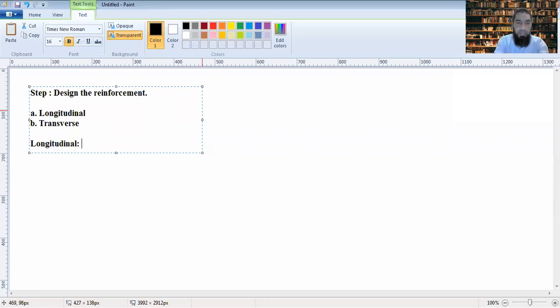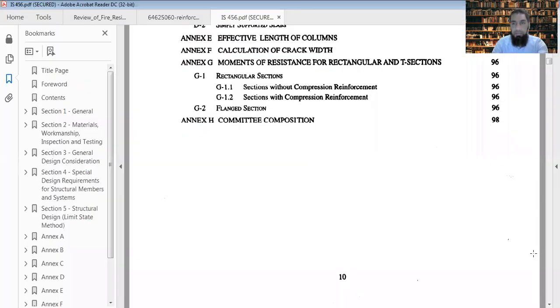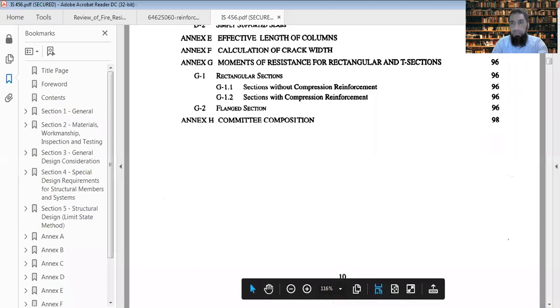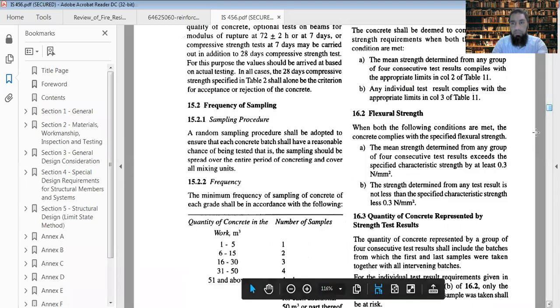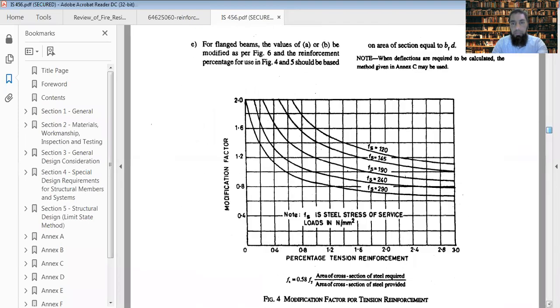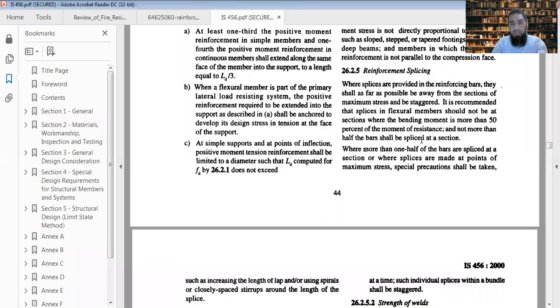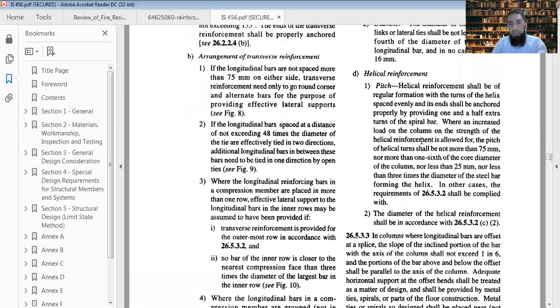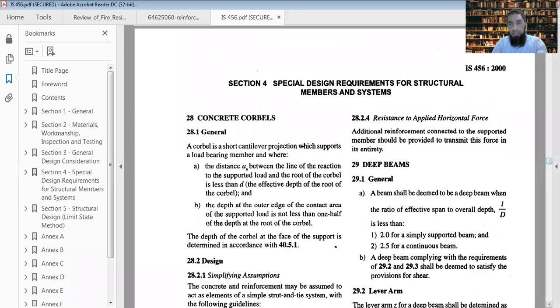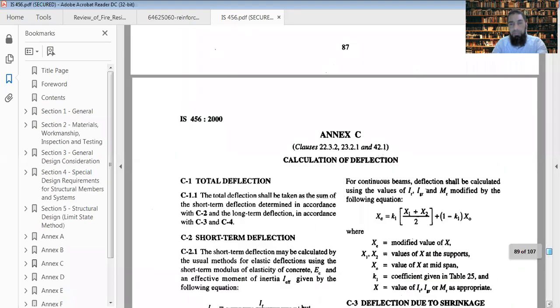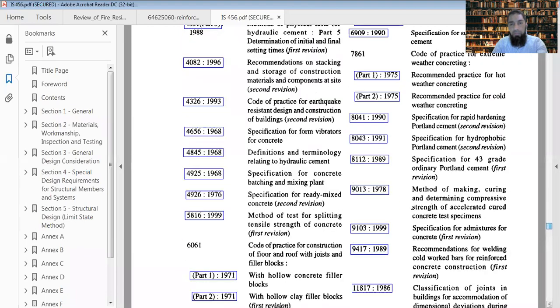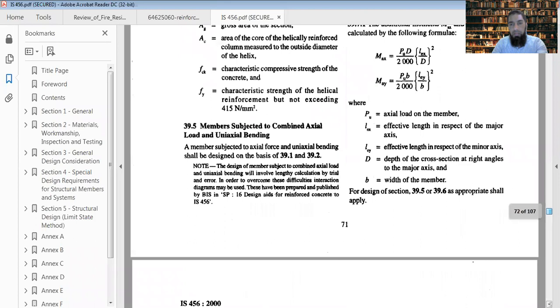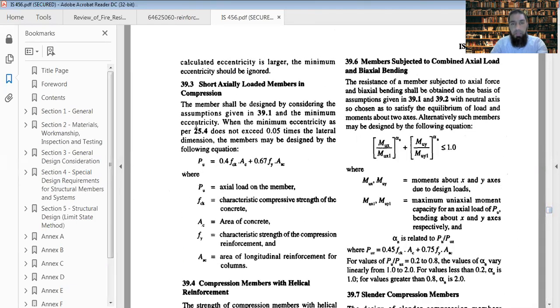I showed you the formula last time. This is the formula that we implement while designing.